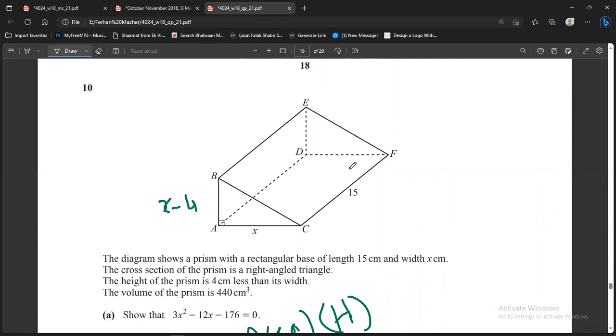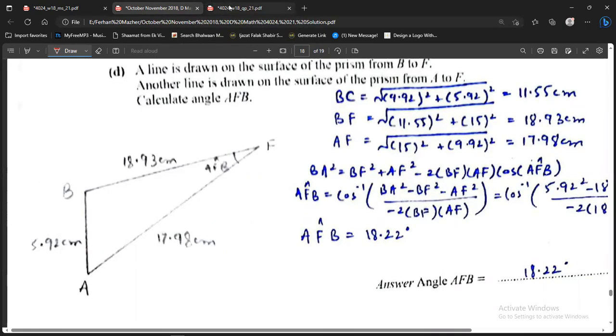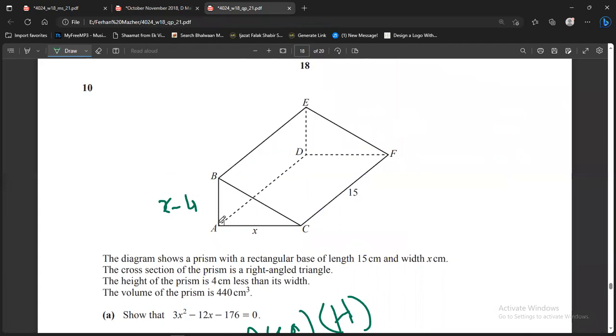I will need to calculate the AF. AF very easily I can find out. It's a right angle triangle. X value is 9 point something. So I will apply the formula. I can calculate very easily the AF. Okay, and then I have to calculate the BF also. But for the BF, first of all, I need to calculate the BC. Then I will be able to calculate the BF.